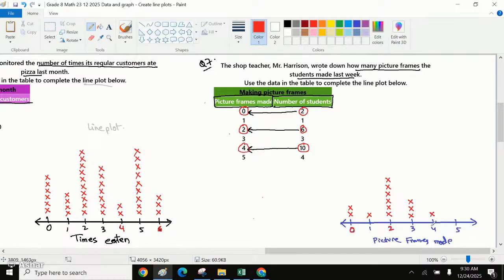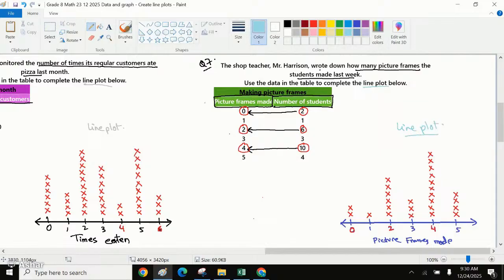That means 4 picture frames were made by 10, 2, 3, 4, 5, 6, 7, 8, 9, and 10. And the last one, 4 students made 5 picture frames. So 5 picture frames were made by 4 students, 3 and 4. And we can say that this is our line plot.